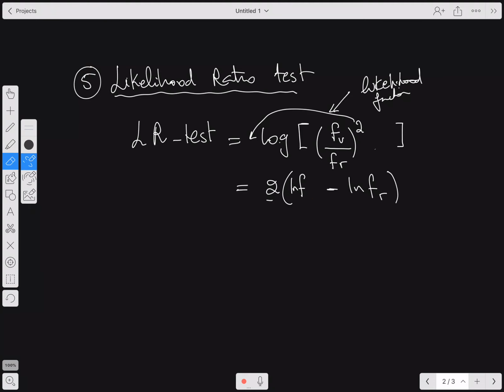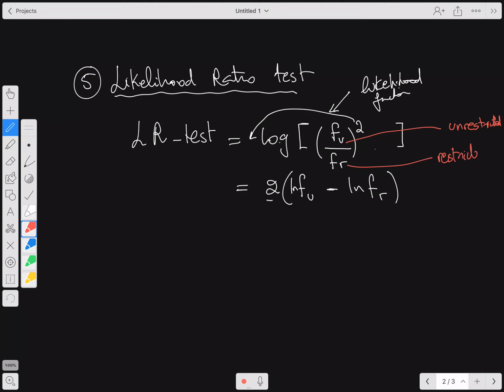Okay, and this is what I had on the board, so let me write the u nicely. So the u here is unrestricted, and the r here is the restricted. You can think of this one as the full model, and you can think of this one as the model with the intercept, because I'm restricting the variables to be equal to 0.